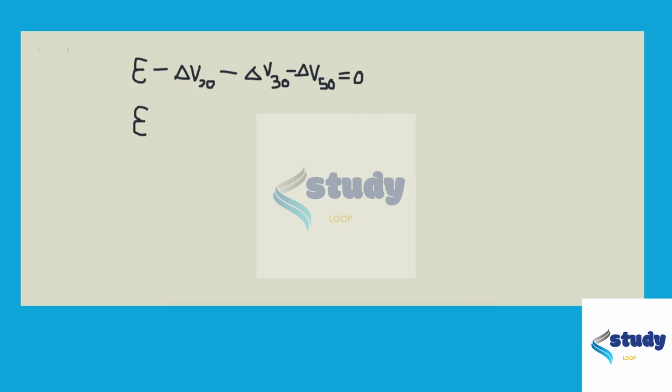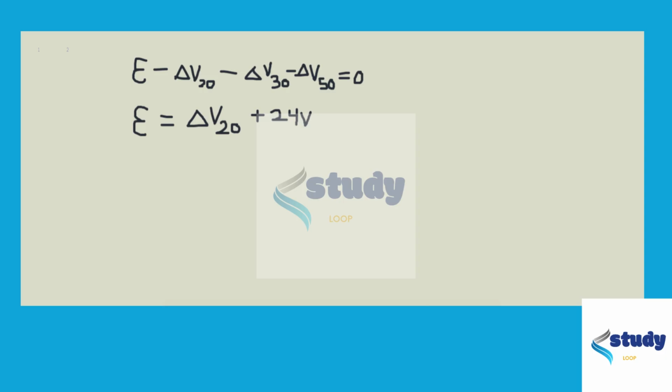Let's say, okay, the EMF is equal to, then we're going to move all these voltages onto the other side and make them positive. So this is the change in voltage across the 20 ohm resistor, and then plus that other 24 volts that we had. Remember, the 24 volts is just the 9 plus the 15.